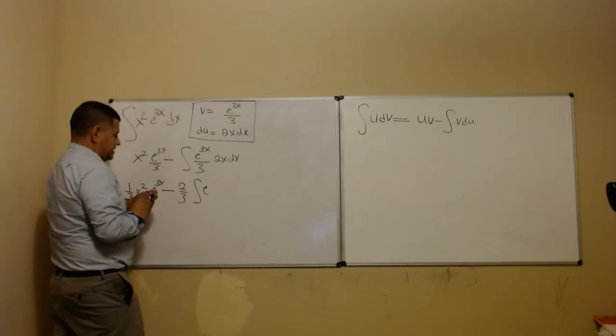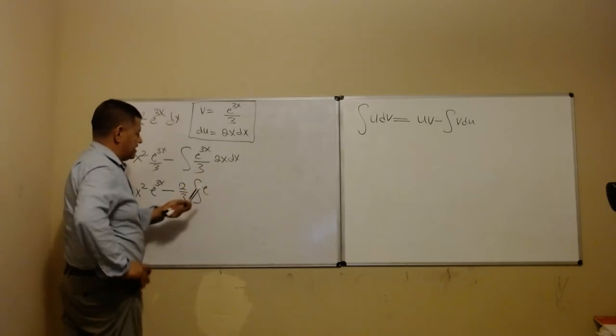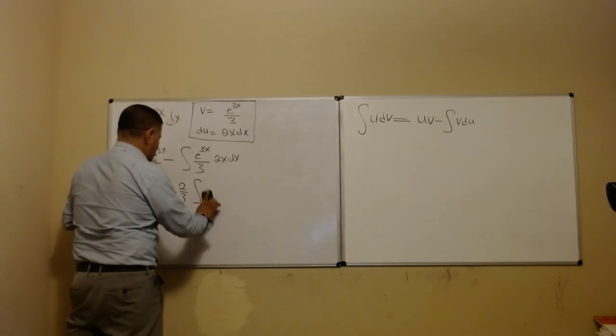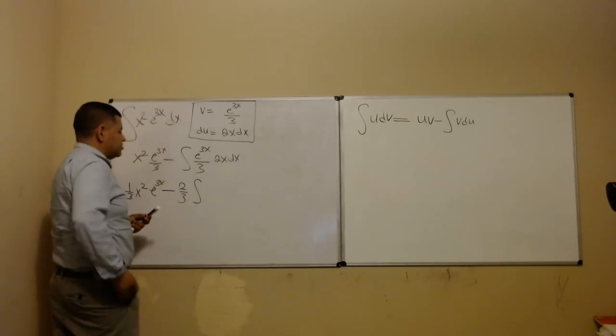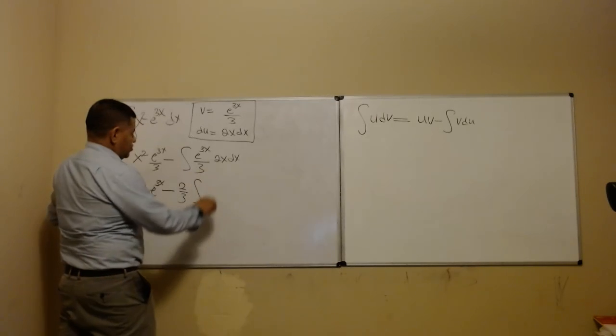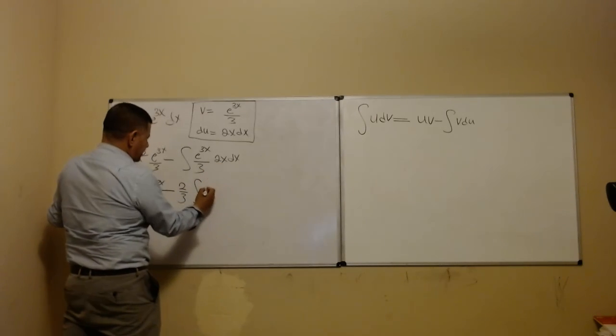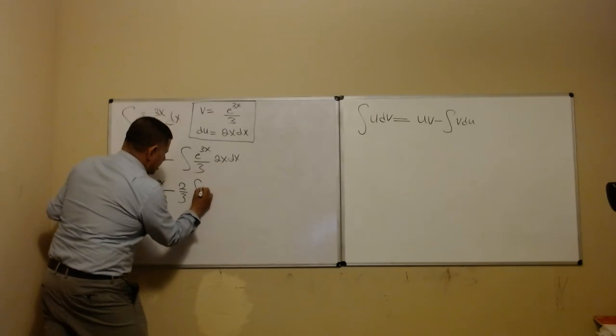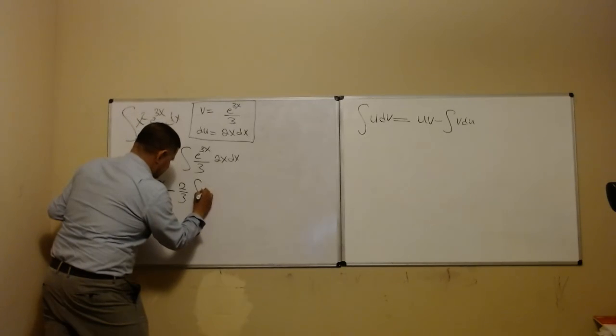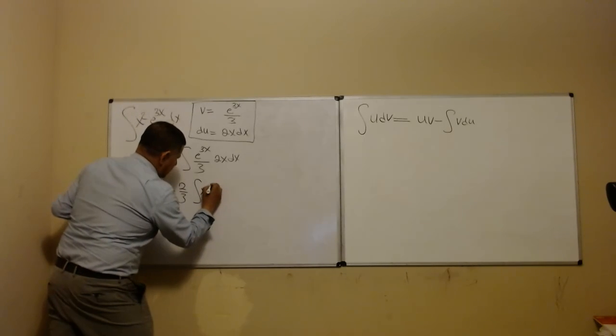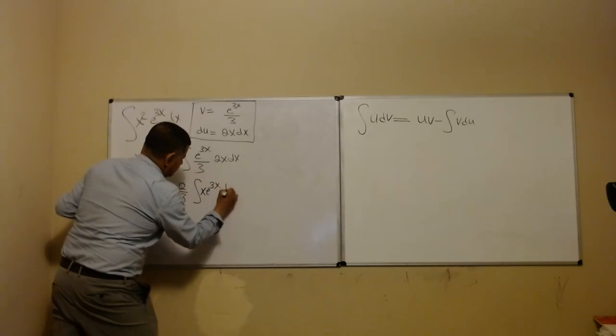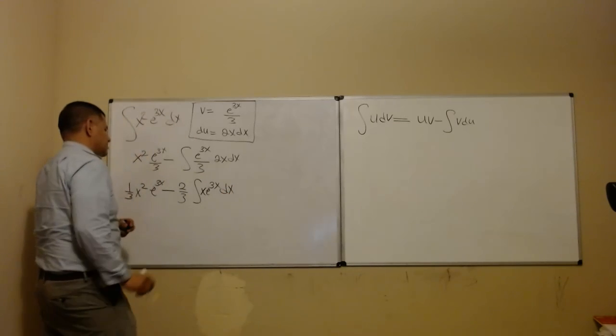Now look at this, I have an x hanging here, so I will write it in front of the e: x e to the 3x dx.